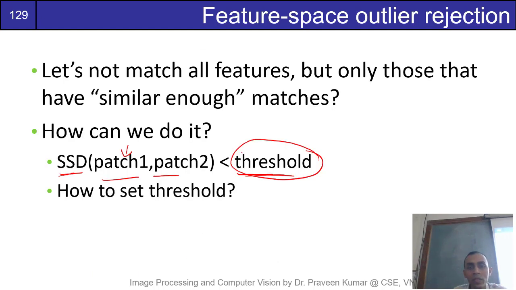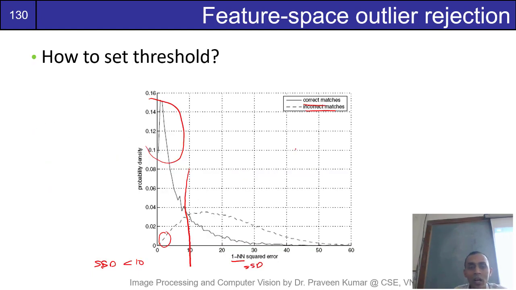With this graph we can set this threshold value. We are saying that the correct matches are falling down as we go away. Although this gives quite a good idea of where to set the threshold, there is still a problem, because in this location even the incorrect matches are quite high. It's not too low.